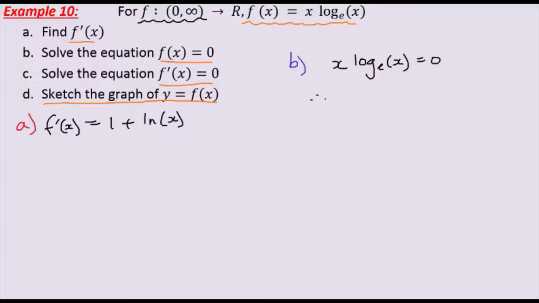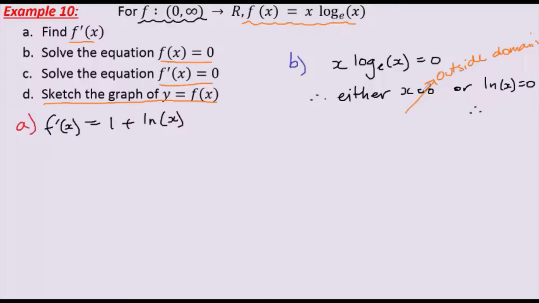But I can say that either x equals 0 or log of x equals 0. Now, this will be rejected because it's outside the domain that's acceptable. And of course, what makes that domain is this log x. But here, log of x equals 0.